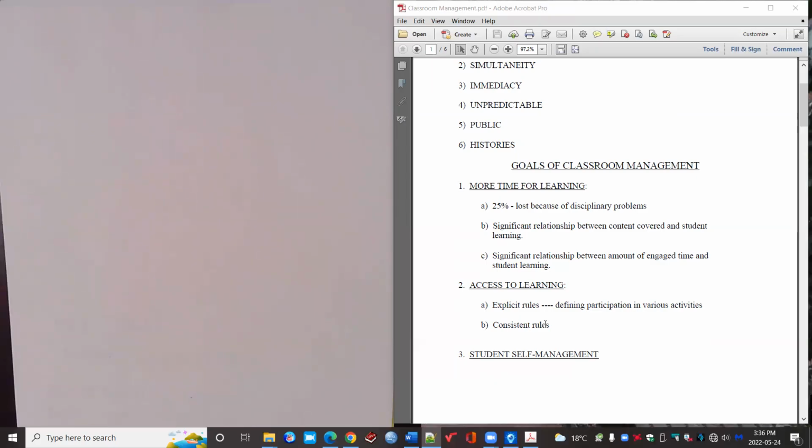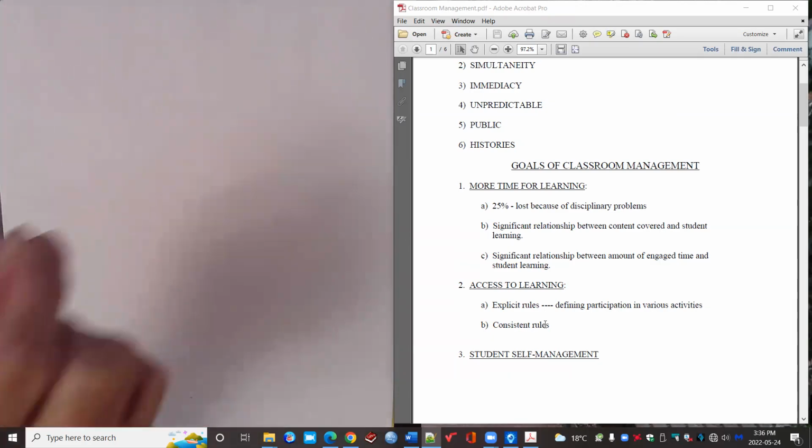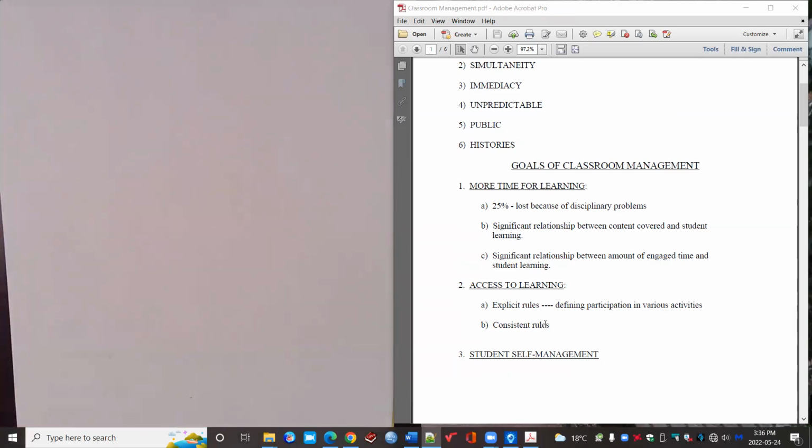Inconsistent rules may cause confusion in students, resulting in increased disruptions. Students may willfully break rules to test the rules. Okay, drop a test tube on purpose, then drop another one. Let's see how you will react. You know, that type of thing, all right?